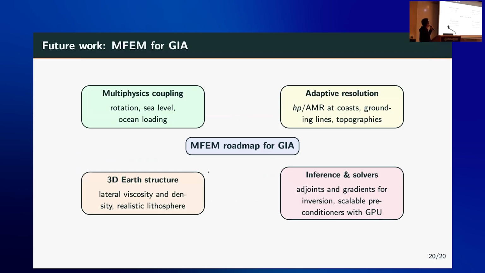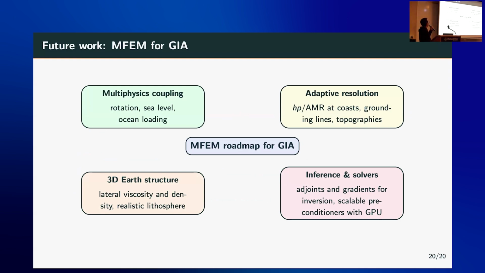In the future, we will use MFEM to tackle some key challenges in this GIA code. People are actually awaiting a global GIA code that can be used across the community. There are many codes, but most of them are local, like for Greenland or for Antarctica or for a specific region of Antarctica.